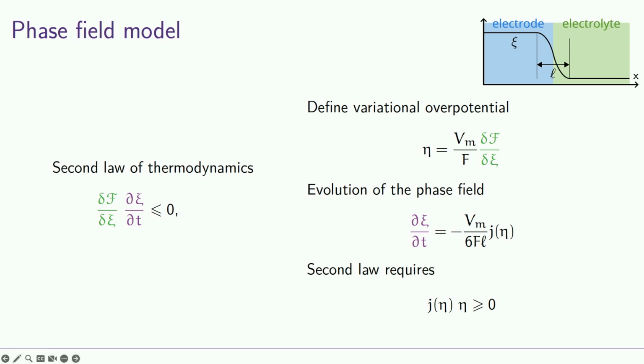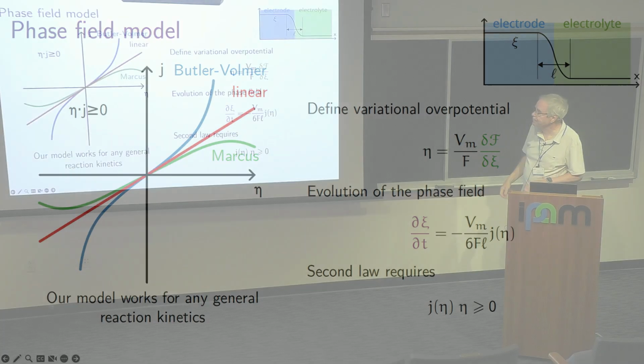That is simply the variation in the Helmholtz energy with respect to the position of the interface. You know that the time rate of change of the location of the interface is related to the charging. That's straightforward. And therefore, the second law says that this product has to be positive, that the overpotential times the current has to be greater than or equal to 0.